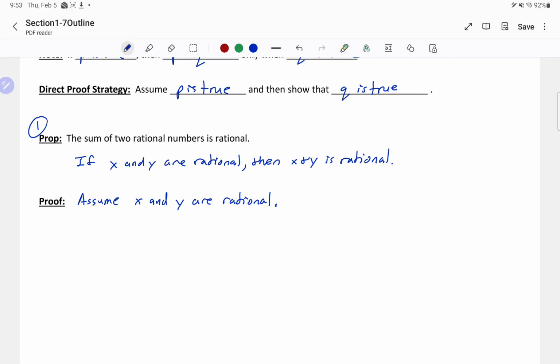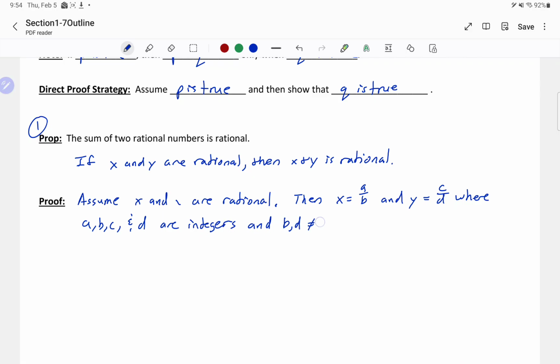X is equal to A over B and Y is equal to C over D, where A, B, C, and D are integers, and B and D are not equal to 0. I think that was part of our definition.